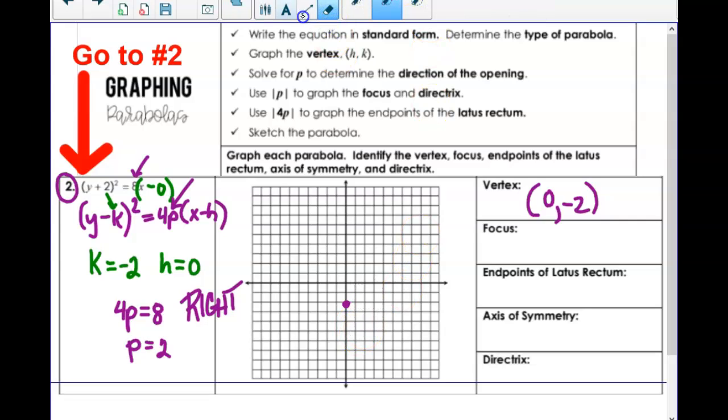If this is opening to the right, where's the focus going to be? P is 2. Yep, perfect. It's going to be 2 units to the right. What does it actually say on your formula sheet, guys? Can you look?